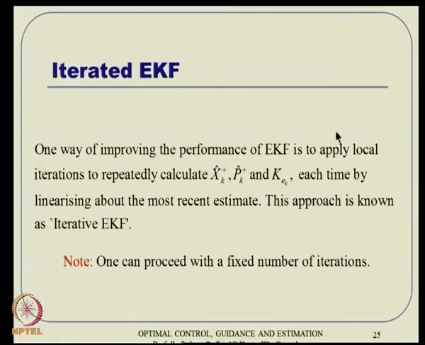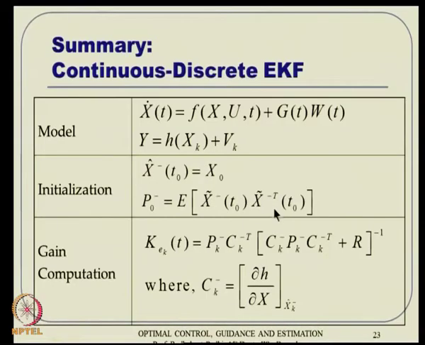But there are several other ideas around EKF. The first thing that comes to mind is something called iterated EKF. The idea is like this. One way of improving the performance of EKF is to apply local iterations to repeatedly calculate these, each time by linearizing about the most recent update. Now, what is the whole idea there?